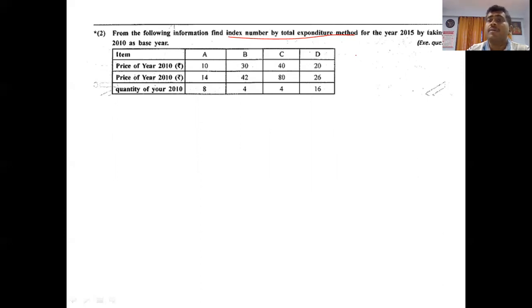If we have the Laspeyres information, 100% we go for Laspeyres only. But if Q0 is not available, because we know in Laspeyres we require Q0, we have to go for the Paasche formula. But we have to write total expenditure method. We cannot give the name Laspeyres or Paasche. Clear?